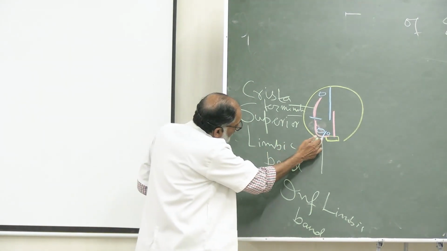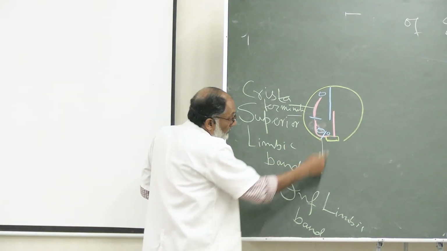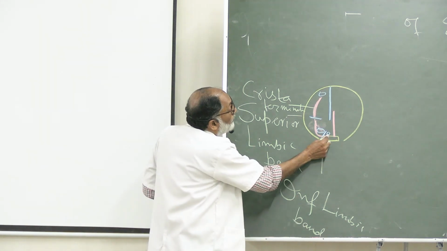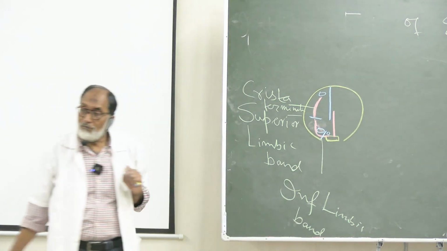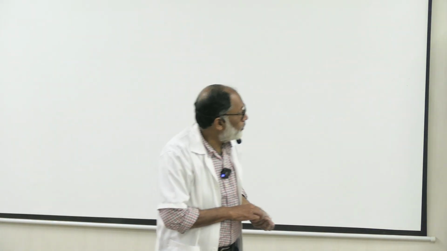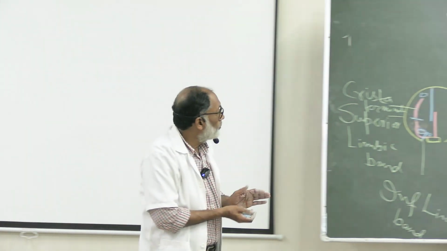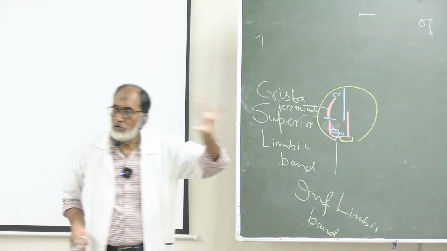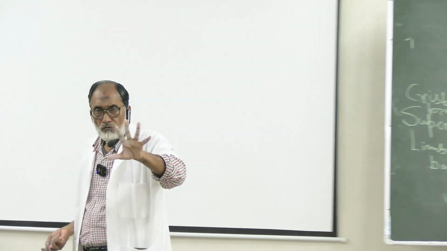And the part beyond the inferior limbic band will form the valve of the coronary sinus. Right? So all these should be mentioned in your development of the right atrium.